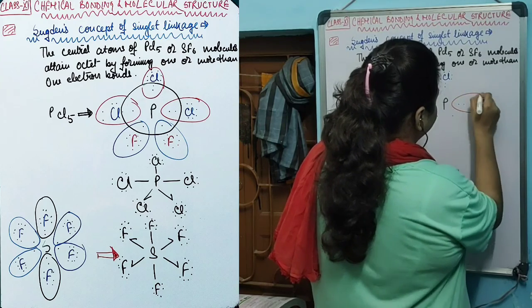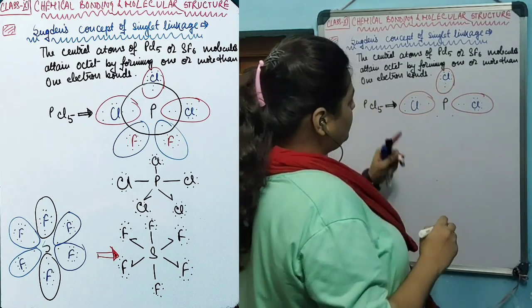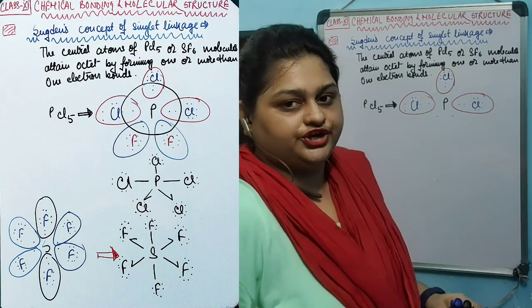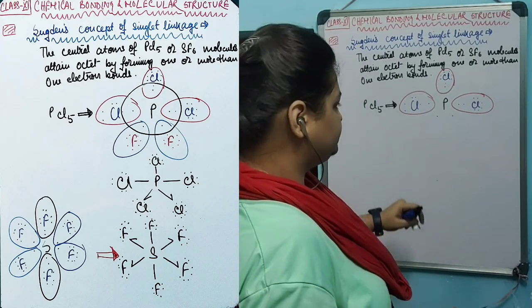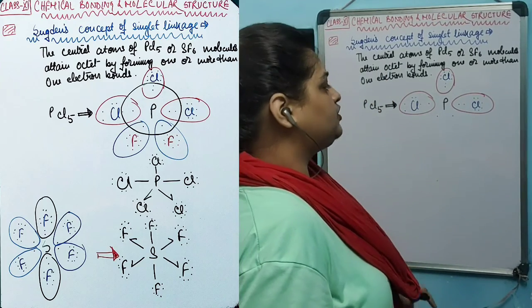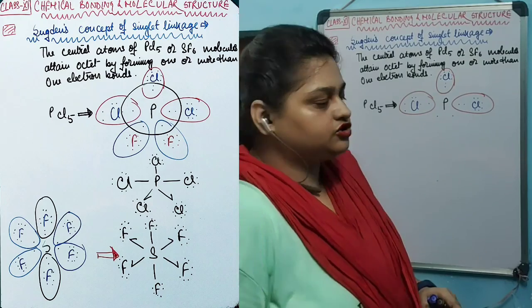Like in these 3 electron shares, 1 electron was shared by chlorine and 1 electron was shared by phosphorus. In this one also, 1 electron is shared by chlorine and 1 electron by phosphorus. In this one also, 1 electron is shared by chlorine and another one by phosphorus.